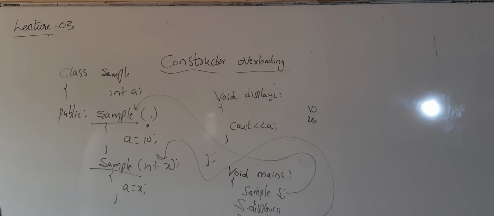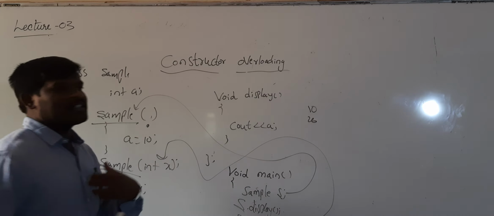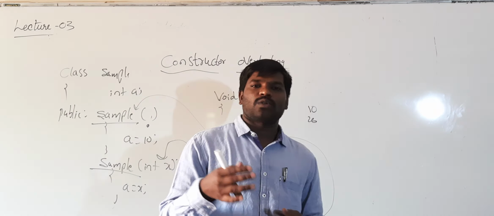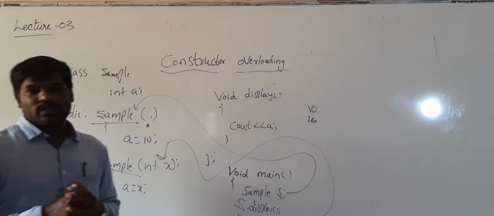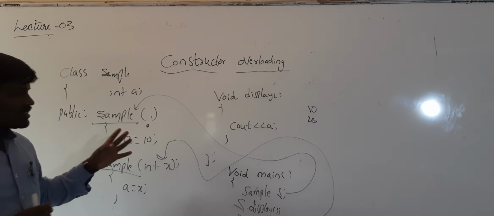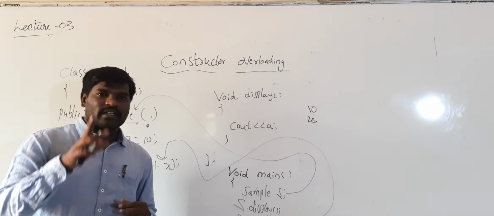You can solve any number of examples. At least solve two to three examples, then you will get some idea about constructor overloading. In this chapter you will definitely get one question for 5 marks.